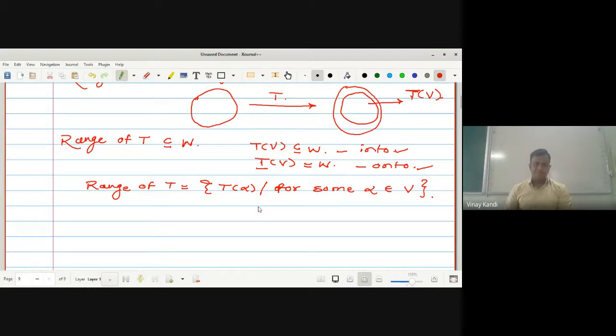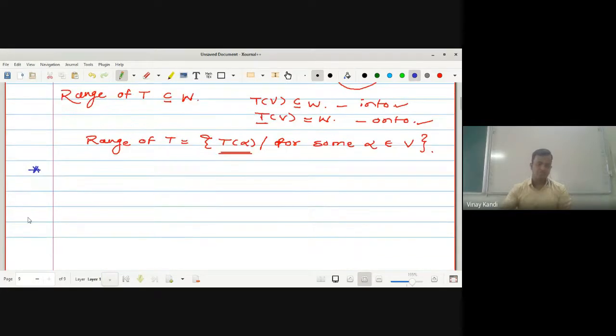Okay, now the next definition is rank of T. Rank and nullity of T. Rank of capital T. V is a finite dimensional vector space. FDVS means finite dimensional vector space.